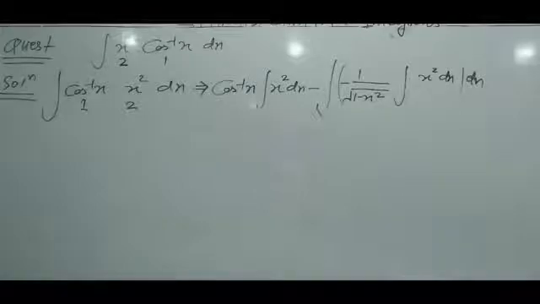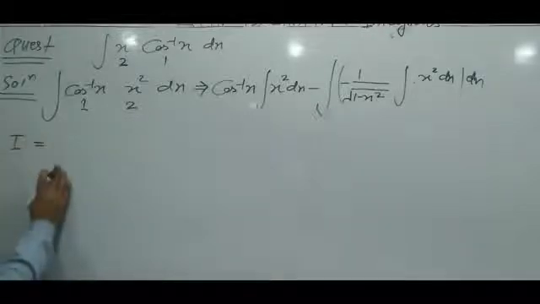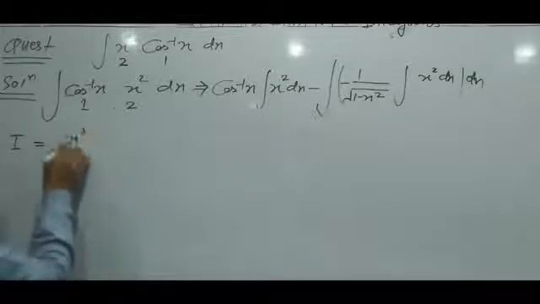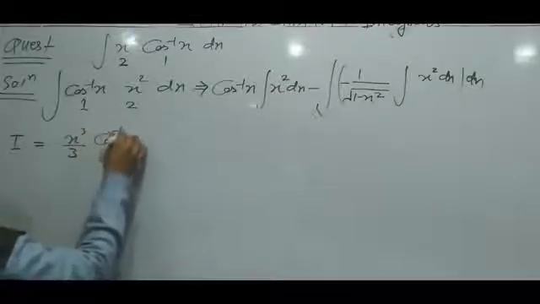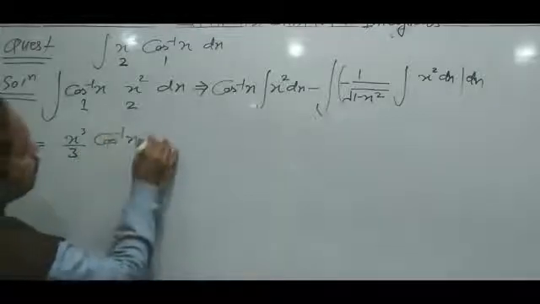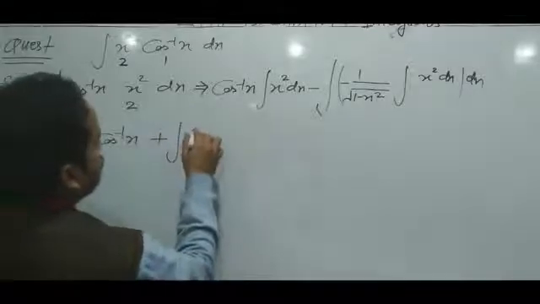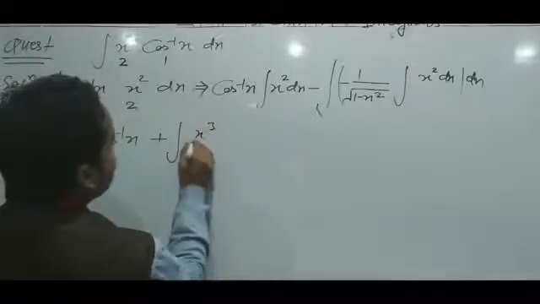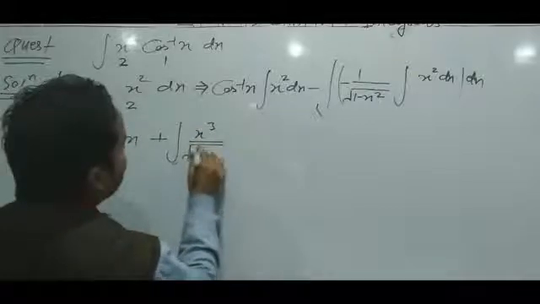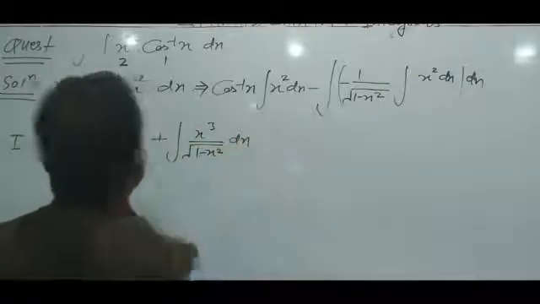If any doubts, you can clear them. So the result we can write, suppose this is I, is equal to x cube by 3 into cos inverse x minus, and minus will be plus sign, integration of x cube whole upon root over 1 minus x square dx.